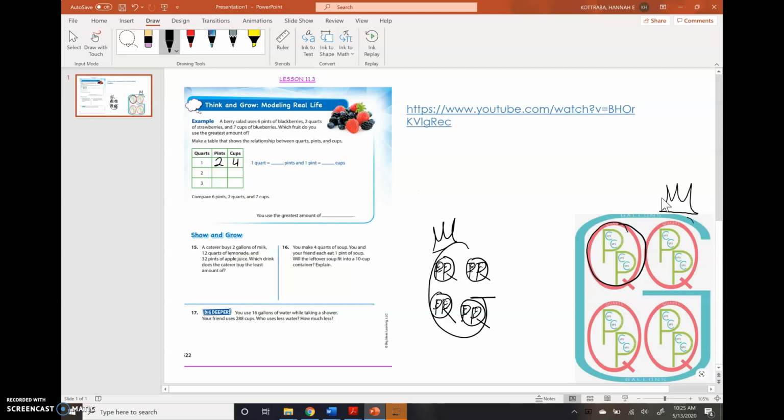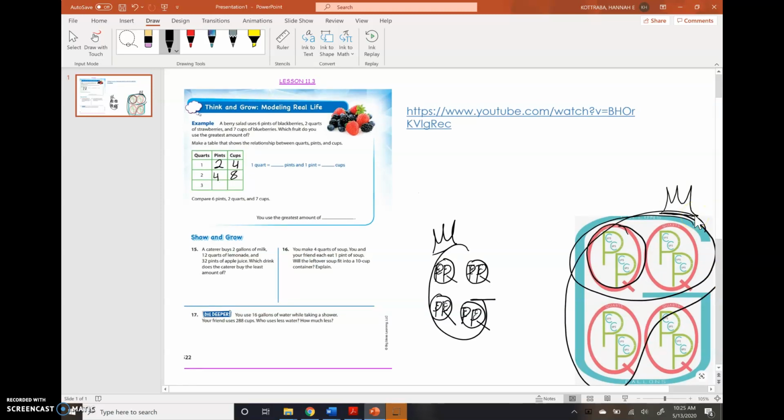If I do 2 quarts, it's basically going to double. And if I do 3 quarts, it's going to be 3 times as much as what we started with. So there are 2 pints in a quart, and you can see that right here. 2 P's in a Q. And 1 pint is 2 cups, because if you look in the pint, the princess, they each have 2 cats.